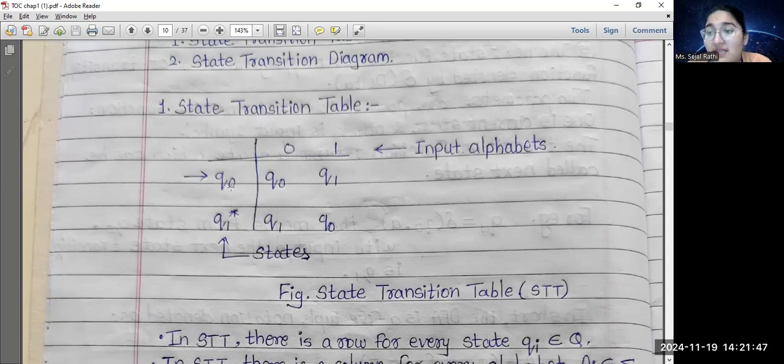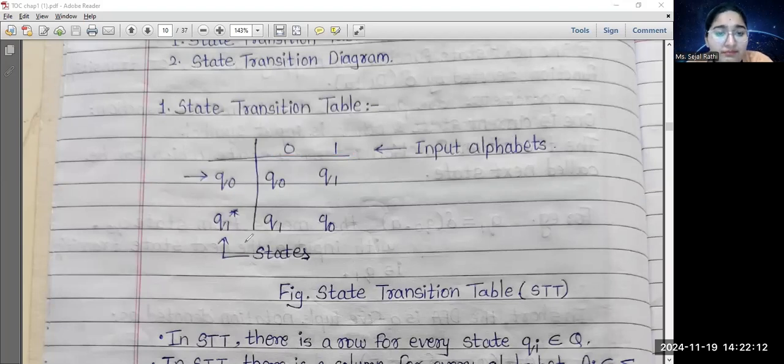Because it is the starting state. And why are we representing this star? Because it is a final state. Now, this 0 and 1 is the input alphabet.